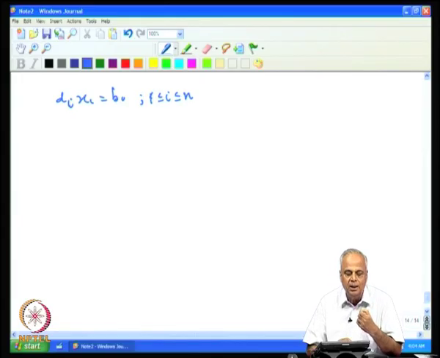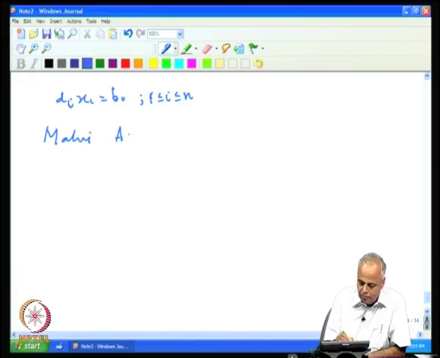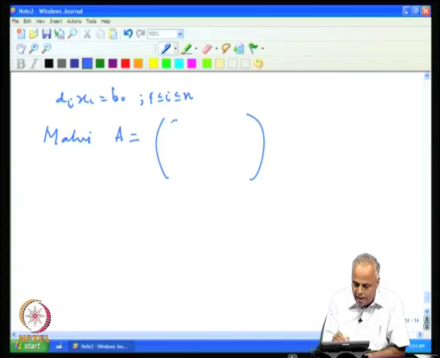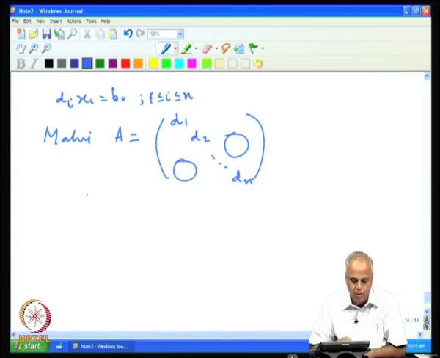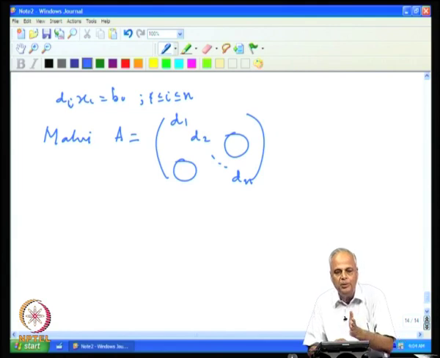Now, what is the structure of this system? The important thing in this system is that the matrix A for such a system is a diagonal matrix, because a11 is the coefficient of x1 and that is d1, and the remaining coefficients in the first equation are all 0.